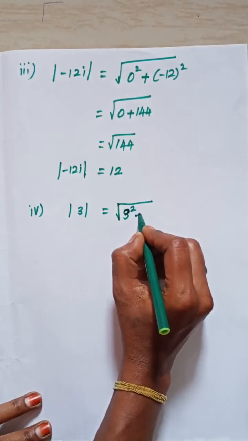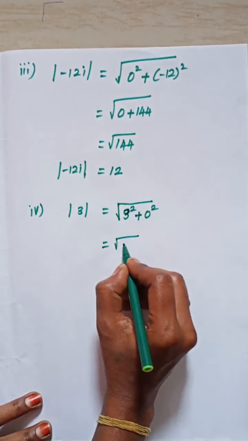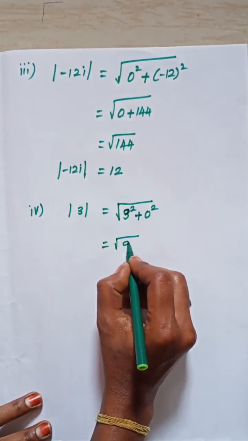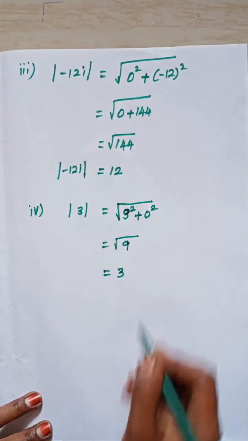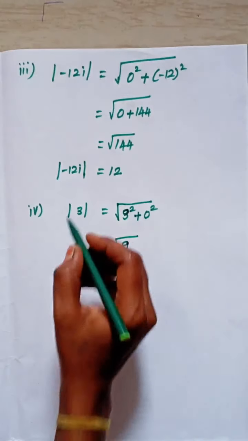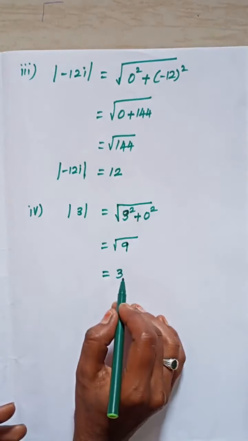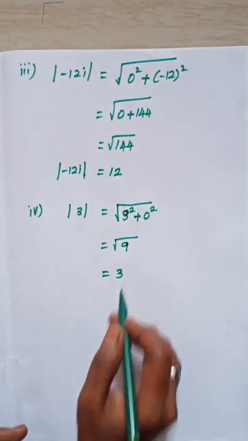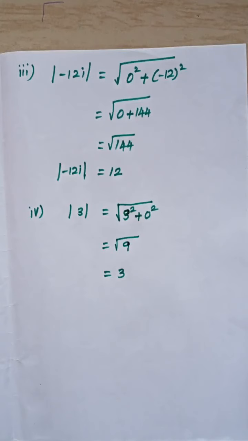So 3 squared plus the imaginary part 0, which is equal to the square root of 9, which is equal to 3. So given a real number, take its modulus, and finally we get the same number, the same real part. Okay.